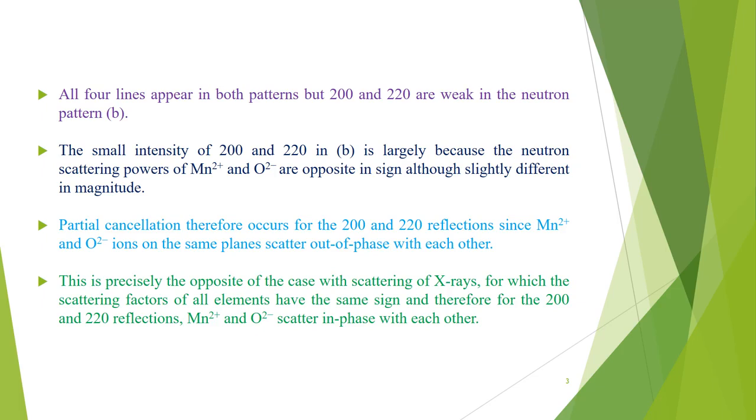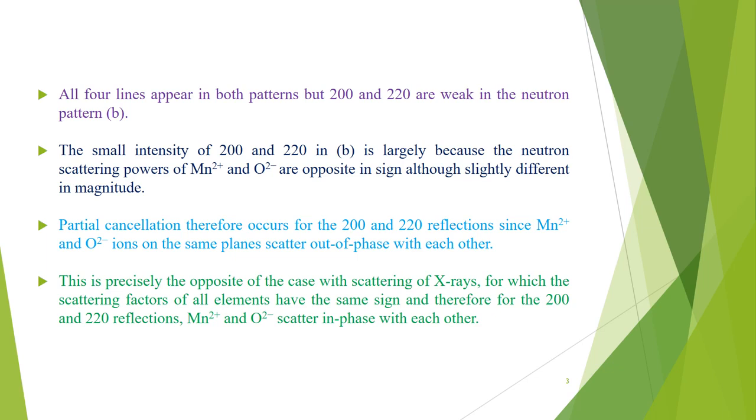The small intensity of planes 200 and 220 in B is largely because the neutron scattering powers of manganese and oxide are opposite in sign, although slightly different in magnitude.